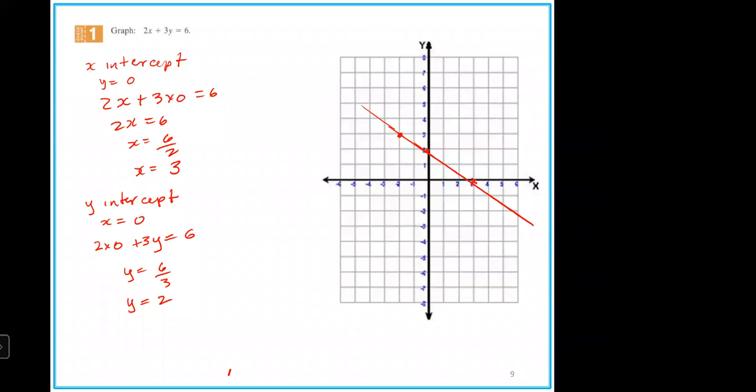So if x is -2 and y is equal to 3, you substitute that in that equation, you're going to say 2 times -2 plus 3 times 3.